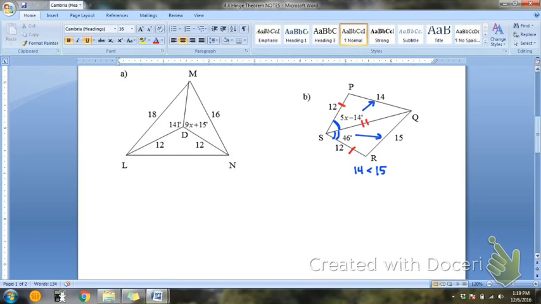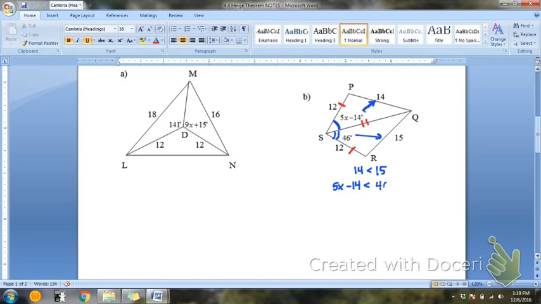Emily, what's the angle that goes with 14? Which angle is across from 14? Right, you see that, how it's across from right there? Okay, so across from 14 is 5x minus 14. Bring down your inequality sign. What is across from 15? 46.